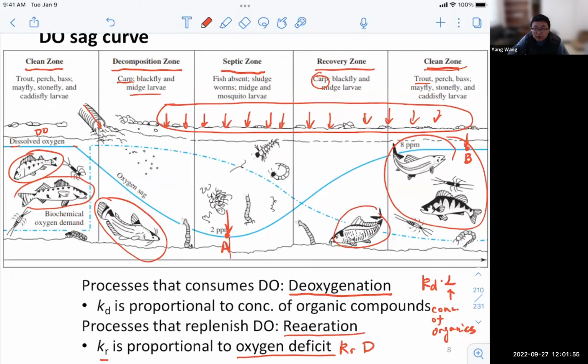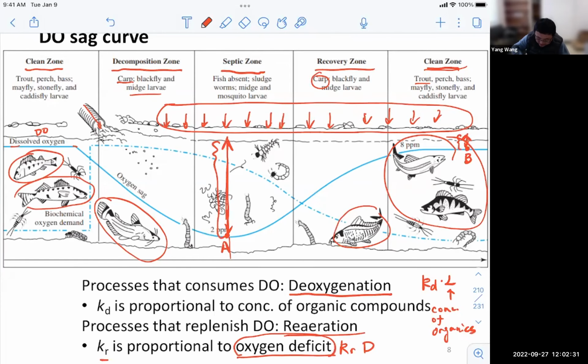There's more room for the oxygen to get replenished back into the river, as opposed to B. At B, the oxygen concentration is already pretty high, so it is more difficult for oxygen to get back. So this reaeration rate is proportional to the oxygen deficit, basically how far the oxygen concentration is from the saturation level. Okay, so it's dependent on this level here.